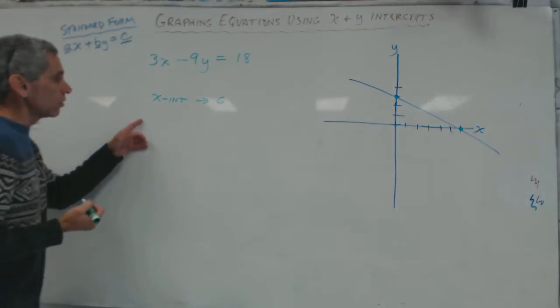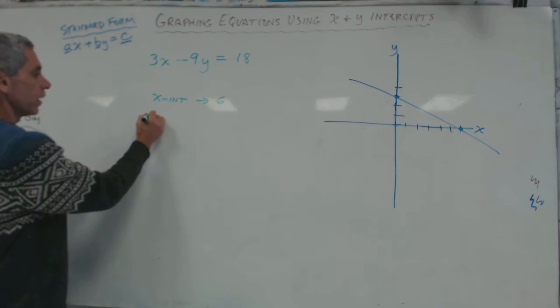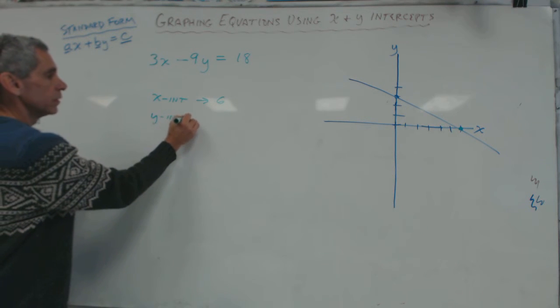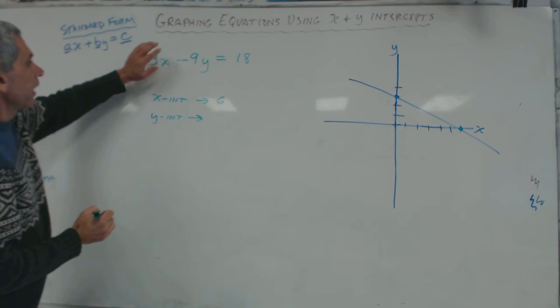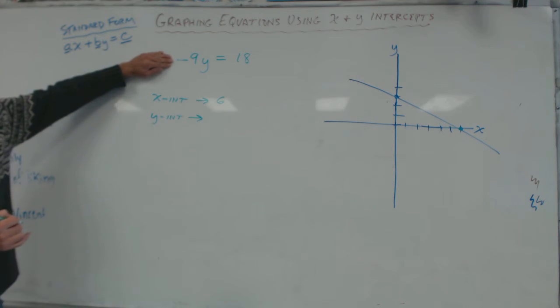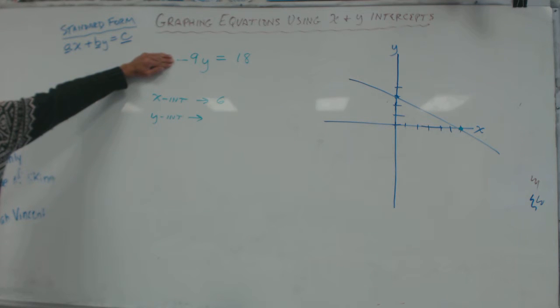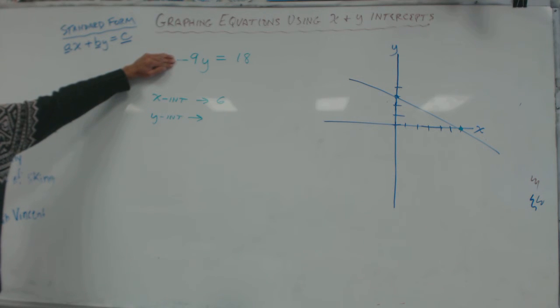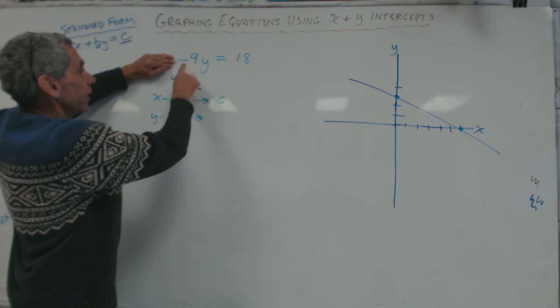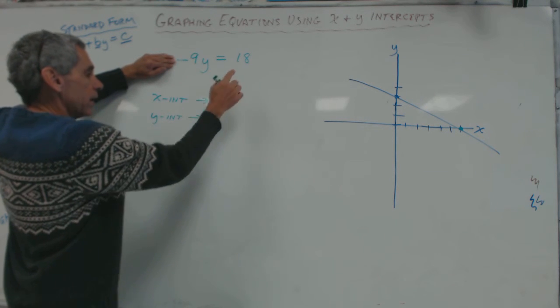Now for my y-intercept, I make x 0. But then it has to be 0 minus 9y. So I have to divide both sides by negative 9. So that's negative 2. A positive divided by a negative would be a negative.